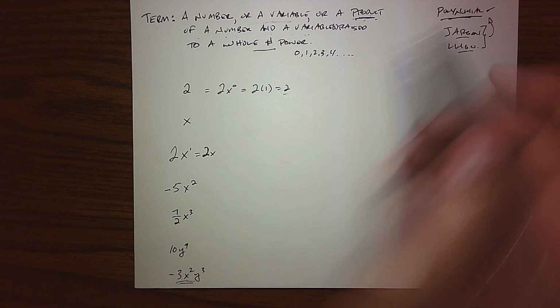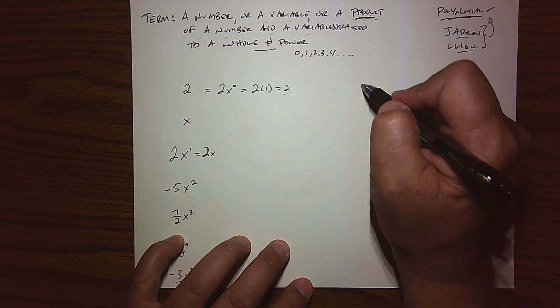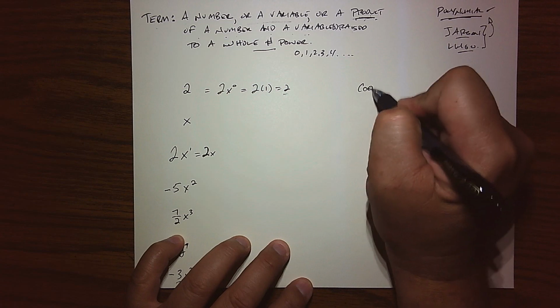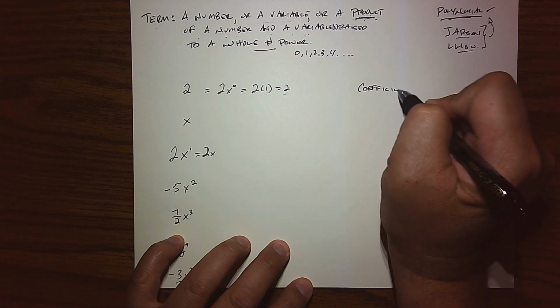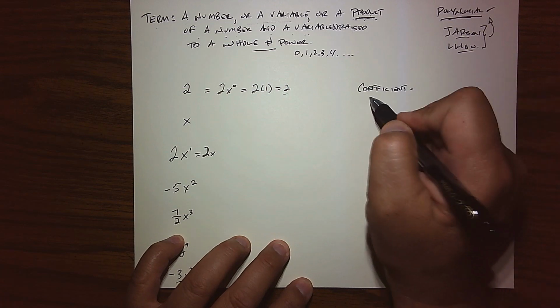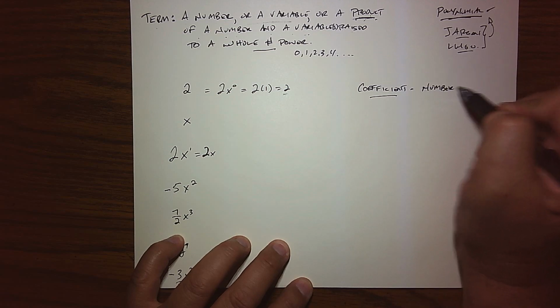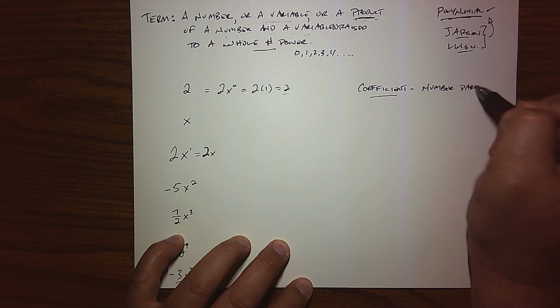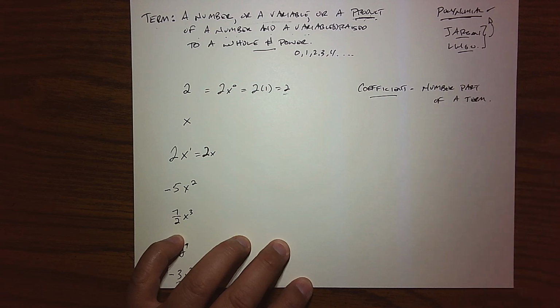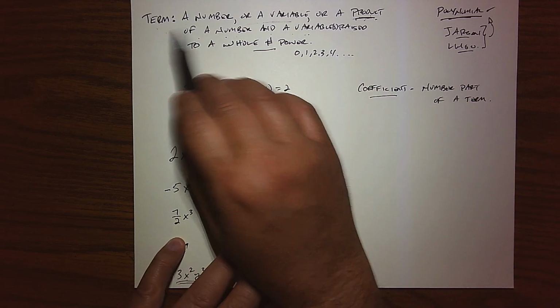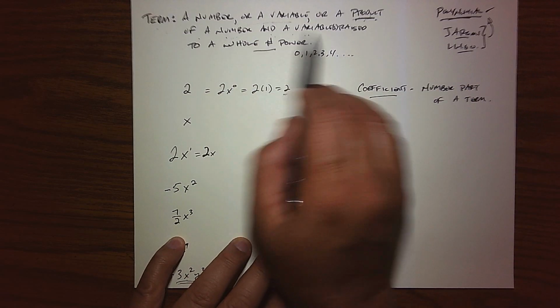And then along with the term, there's a couple of other items that come up. One is the coefficient. All right, the coefficient is basically the number part of a term. So let's go back to the definition. Remember, every term has a number and a variable.